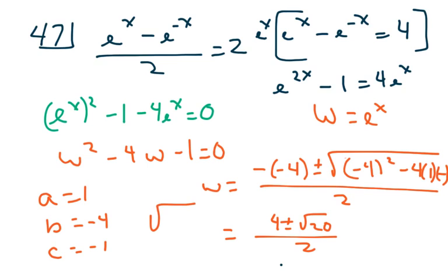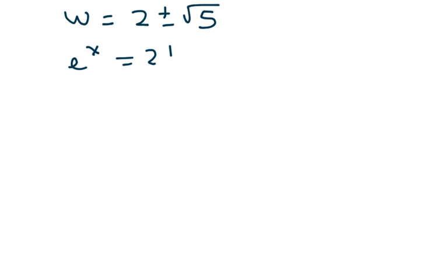Root 20 can be written as 4 times 5, so it will be 4 plus or minus 2 root 5 over 2. Again, this is all w, which can be simplified, so we'll simplify it on the next slide. So the next slide we get w equals 2 plus or minus root 5, which really means that e to the x equals 2 plus or minus root 5.